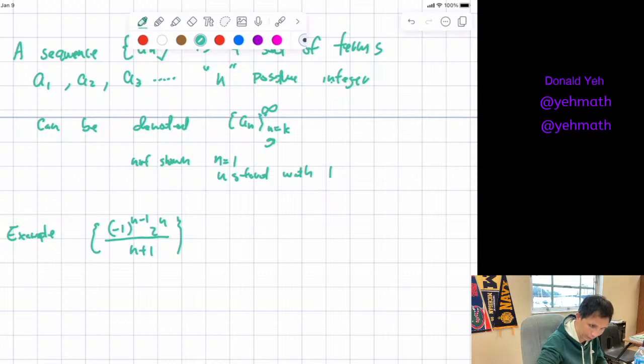For example, if I don't write it here, this n is equal to 1. The first term starts at 1, and it would go on eventually to infinity, because that's what your sequence is.